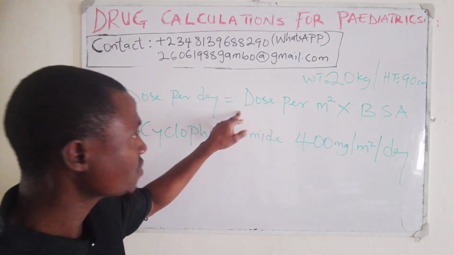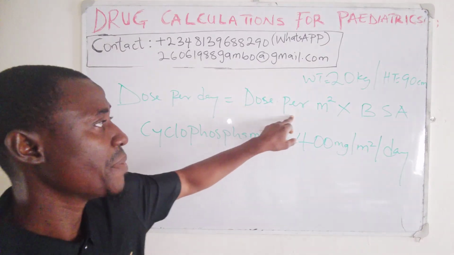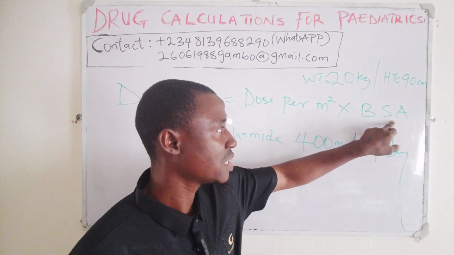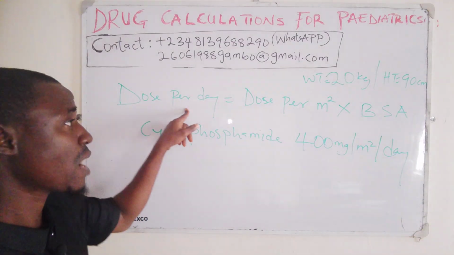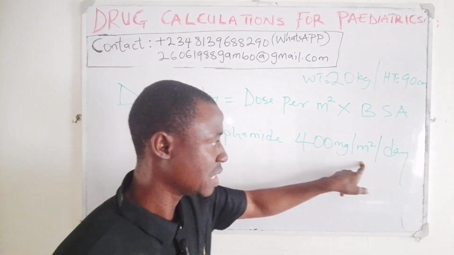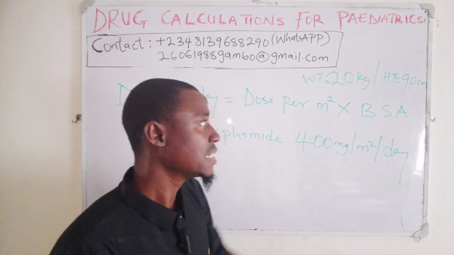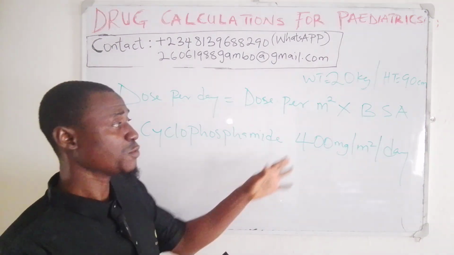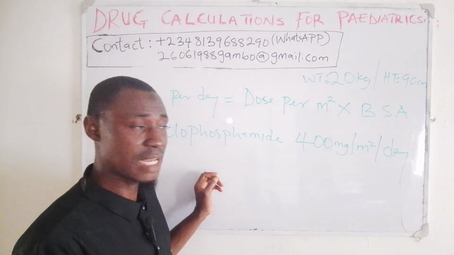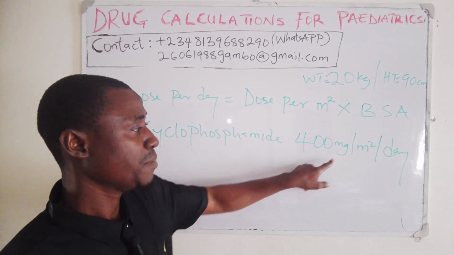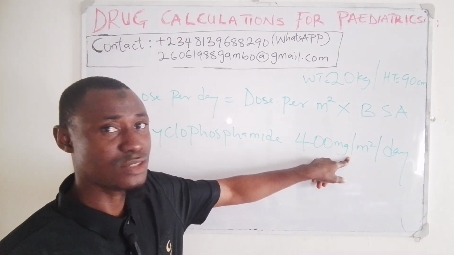And if you use this formula that says dose per meter square multiplied by body surface area, you can now get the dose per day. Look at the prescription: it says 400 milligrams per meter square per day. Further, if you see something like this, you're not just going to weigh the child and input the weight into the equation.